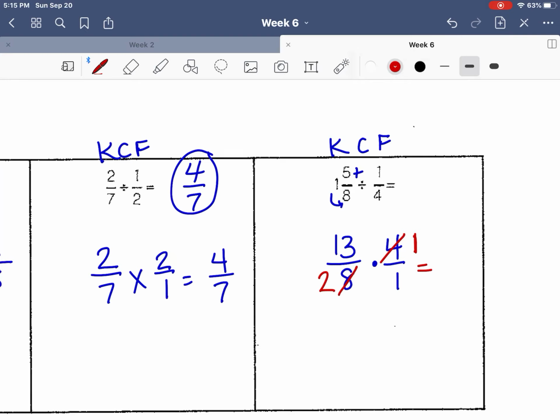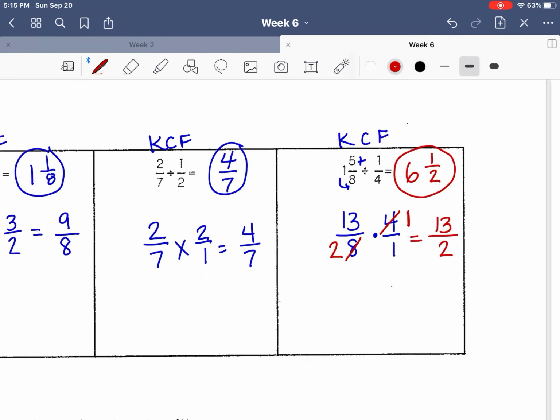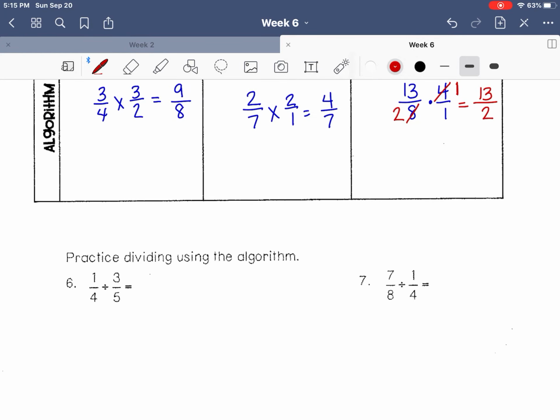Now I just have to multiply 13 times 1 and 2 times 1, and it becomes 13 over 2. But that'll simplify because 2 will go into 13 6 times. 6 times 2 is 12, and I'll have 1/2 right there. Please always make your answer a mixed number.